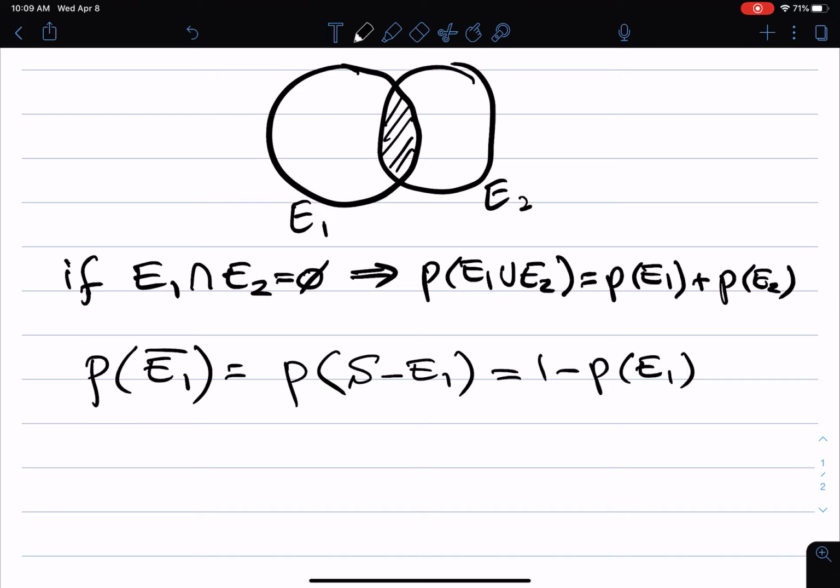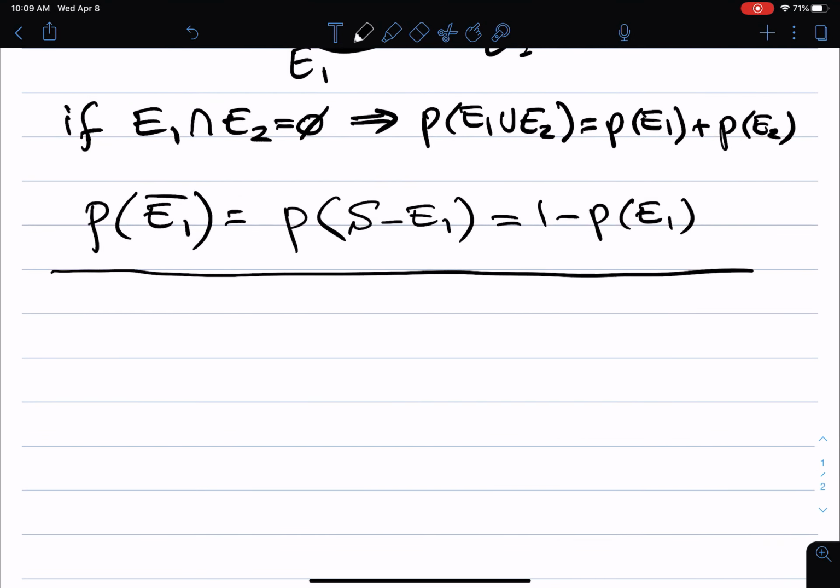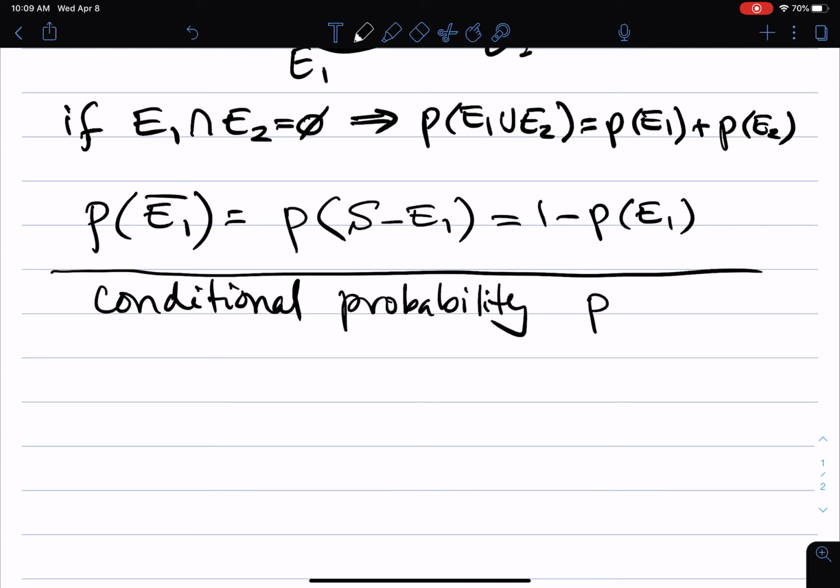Okay, now one very important concept when we talk about probability is the notion of conditional probability. And we usually write it like P of E, bar F, okay? The way we read it here is the probability of E given F, okay?